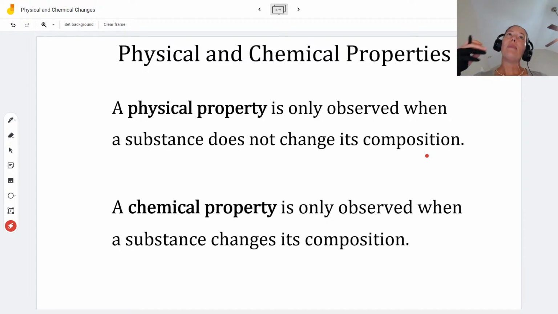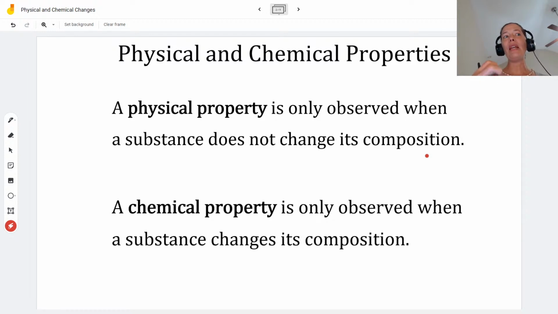Now, I was thinking about, okay, what are some common physical properties that substances have? And you have things like color, smell or odor, even taste. Of course, only taste your food items. Do not go into the lab and taste things. Things like melting points and boiling points, freezing points and vaporization points, sublimation points, all of those kinds of things.